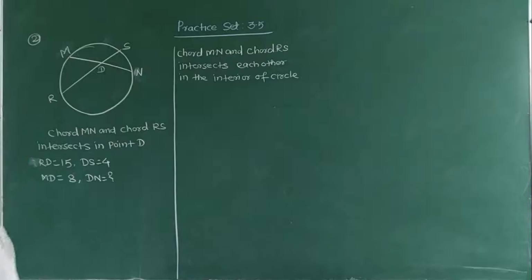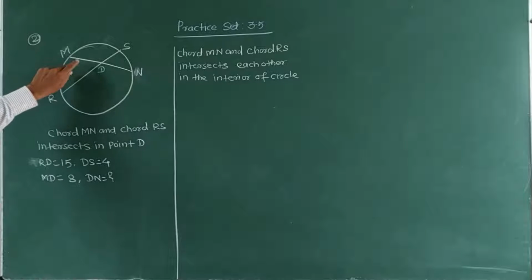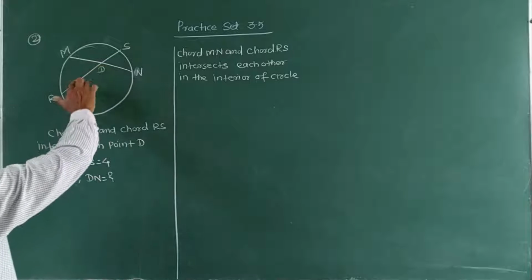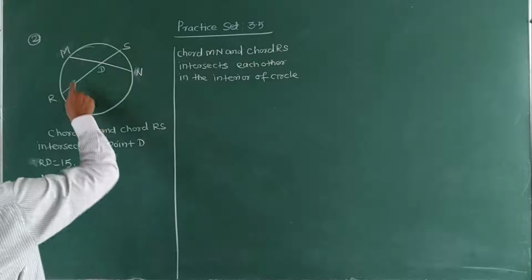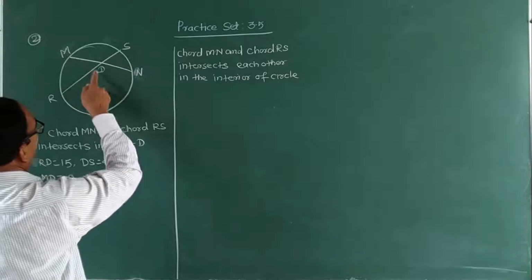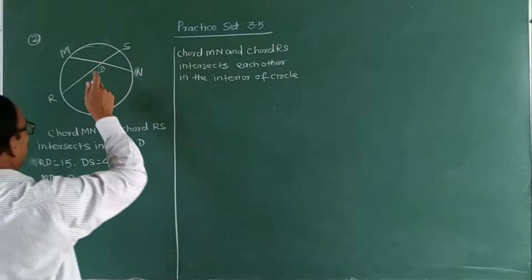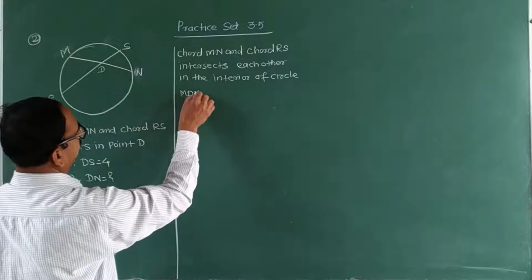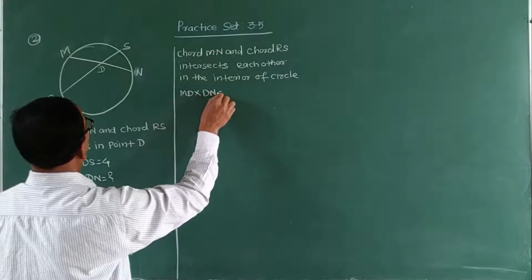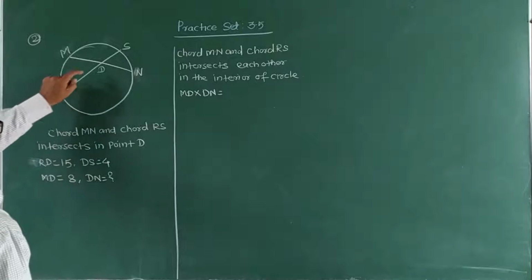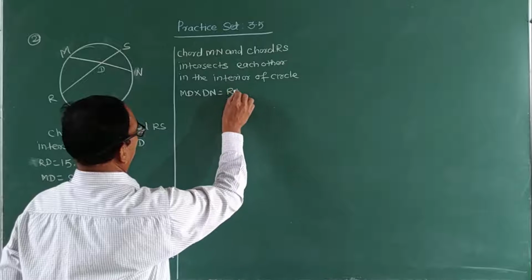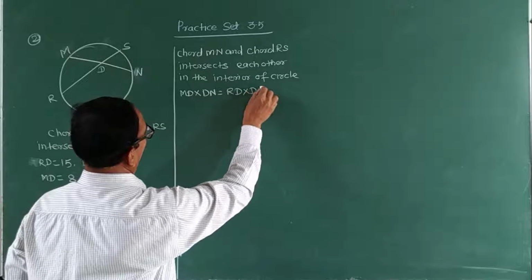And so by the theorem we can write the product of two parts of one chord equal to the product of two parts of another chord. So here we can write MD into DN, which will be equal to RD into DS.